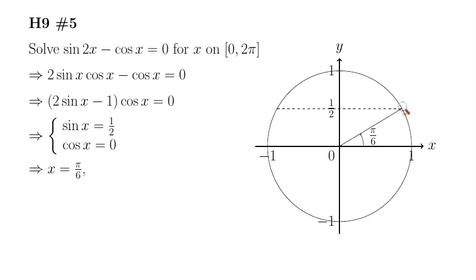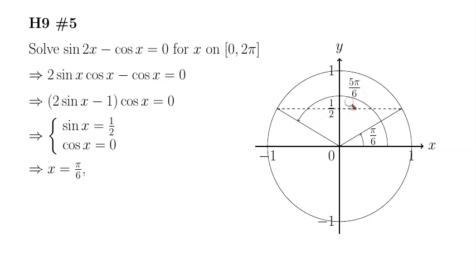But there's another point whose y-coordinate is 1/2. I'm going to sketch that there and draw a line segment. Then we want to find the angle from the positive x-axis to over there. I think that angle is going to be 5 pi over 6, from here all the way to here.